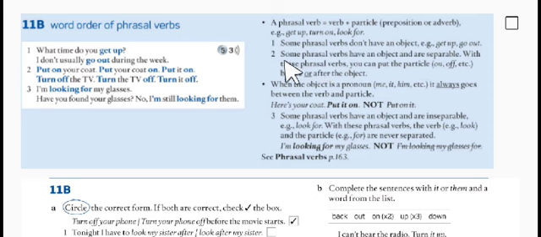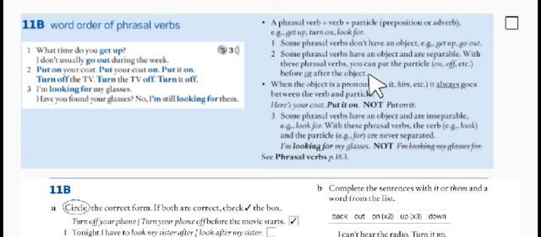Okay, second type of phrasal verb. Some phrasal verbs have an object and are separable. بعضی از phrasal verb object داره و اونا قابل جدا شدنی هست.